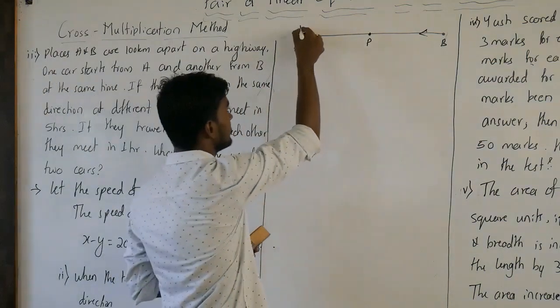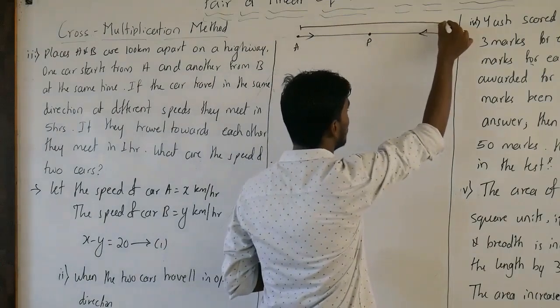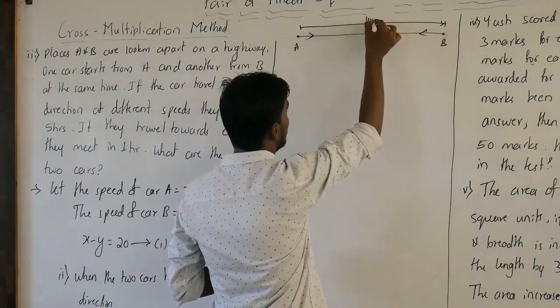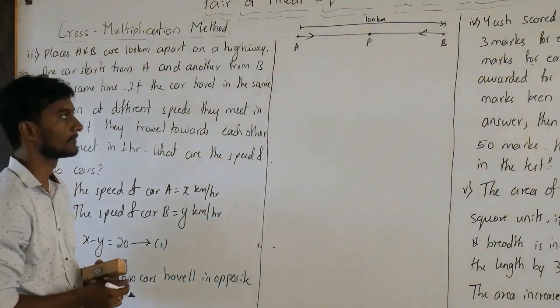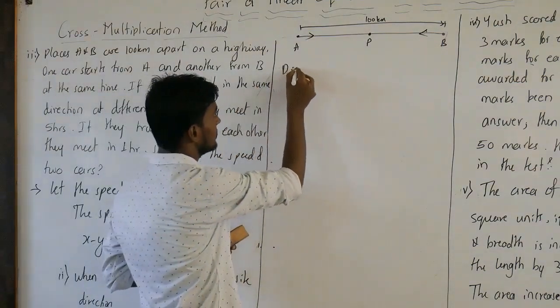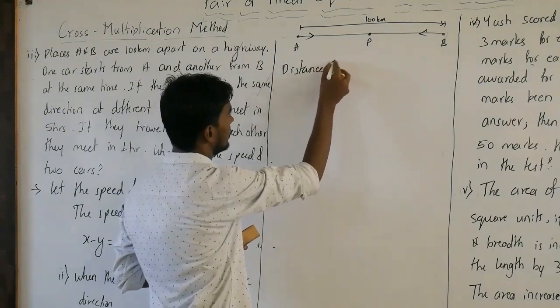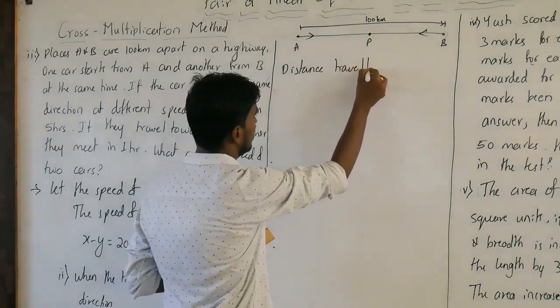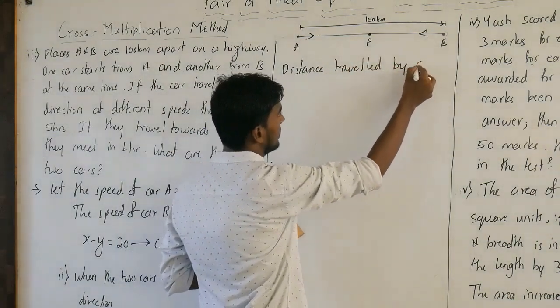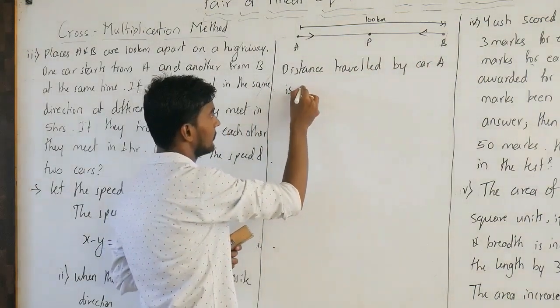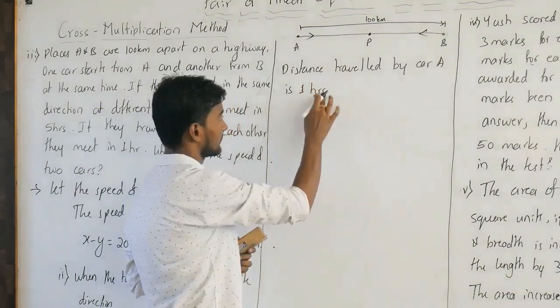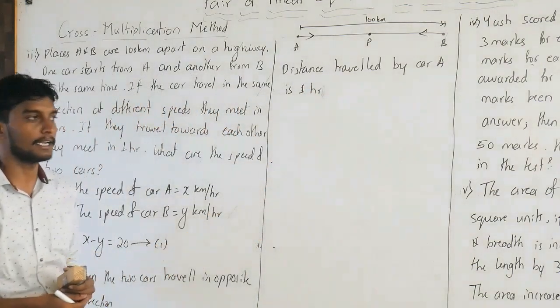Here, the distance between A and B is already given, it is 100 kilometers. Again, the distance traveled by car A in opposite direction, how much will it travel in 1 hour?